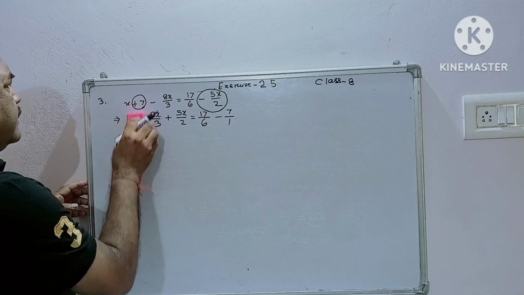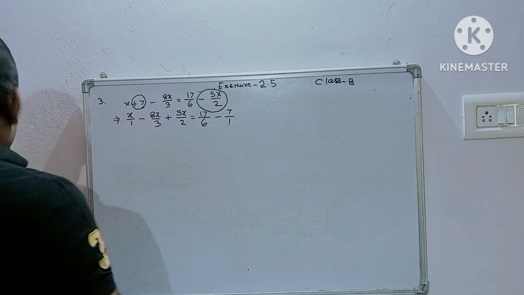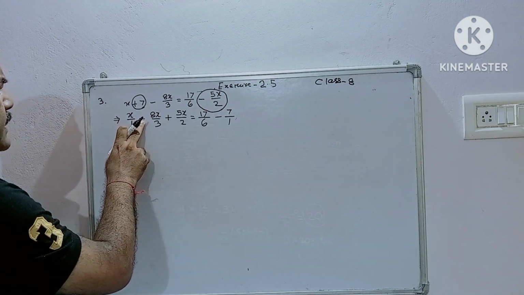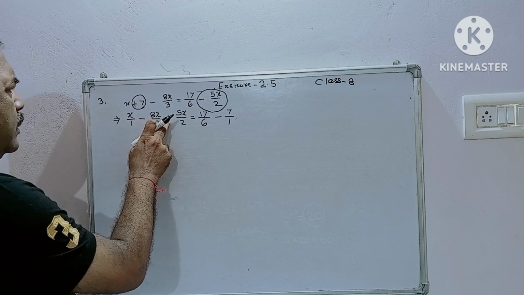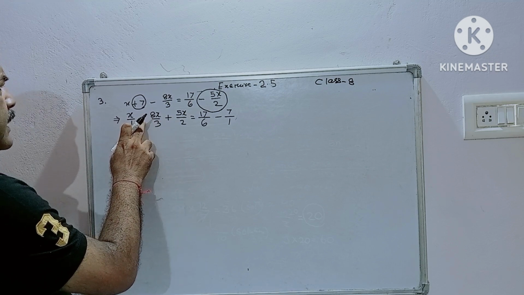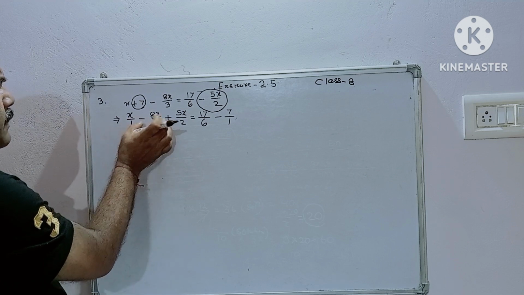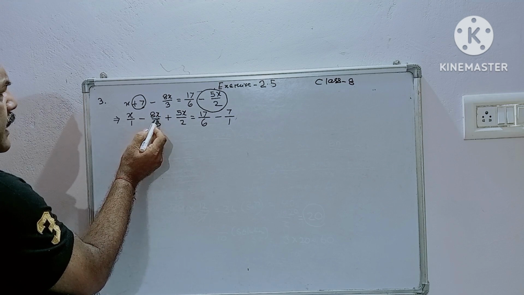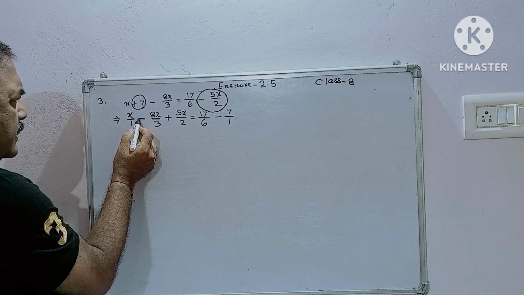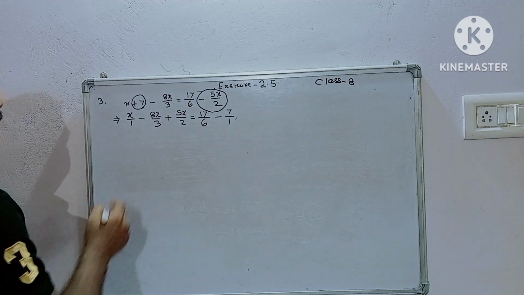Whether it is the positive sign or the negative sign, you will maintain the same level as that of the bar. This is the bar, 8x upon 3, and you will maintain the same level. Okay.